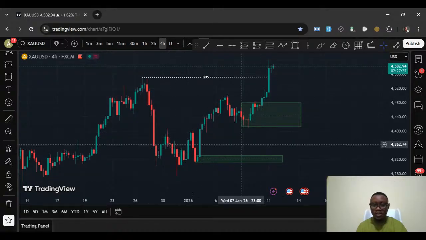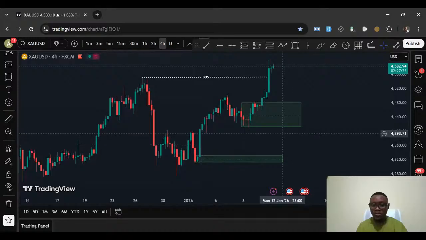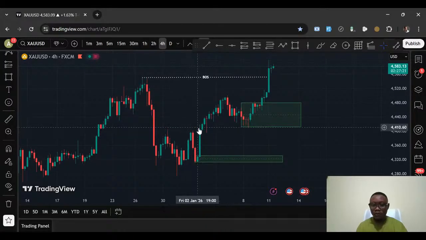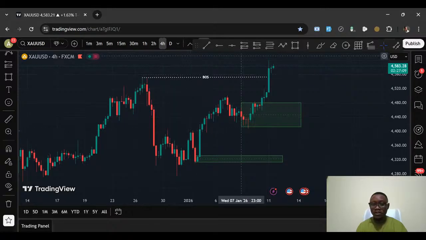You can see the bullish momentum candle, then the break of structure. In this case, this is a market shift of this internal pullback. So this is more of a market shift than a break of structure.